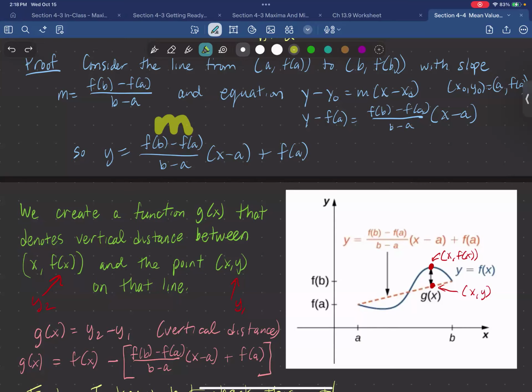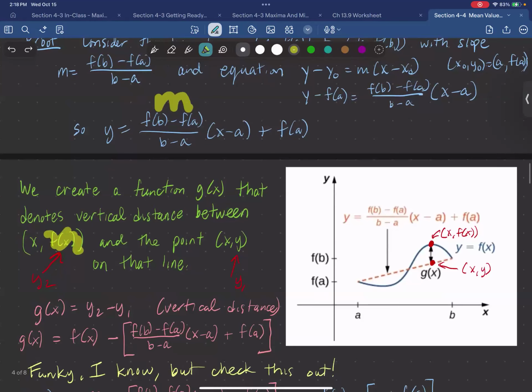So g of x is y2 minus y1. Like I said, we're doing the vertical distance. So I just plug those in. Y2 was f of x, and y1 was y. But y is this. So we plug those in. I get f of x from here minus the y from up here. It's kind of funky looking, right? But check this out.